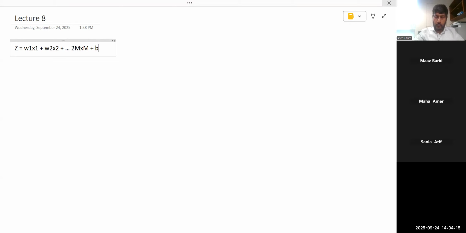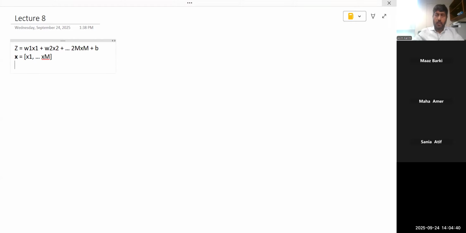So this is a linear model in the input features X. So X1 to XM is the feature. You can represent that as a vector X. So this is X1 to XM. So generally vectors would be bolded.